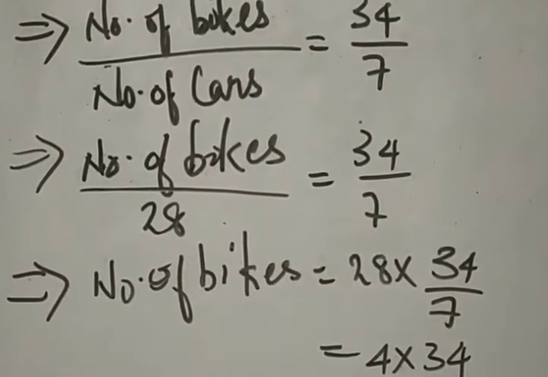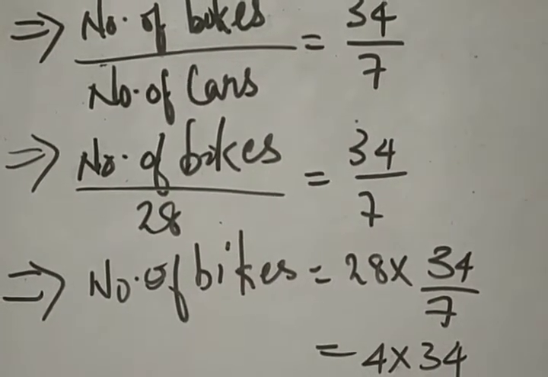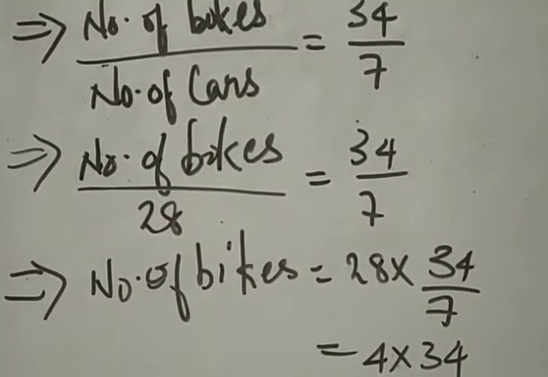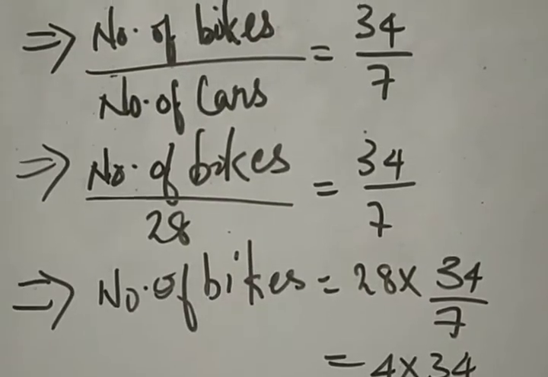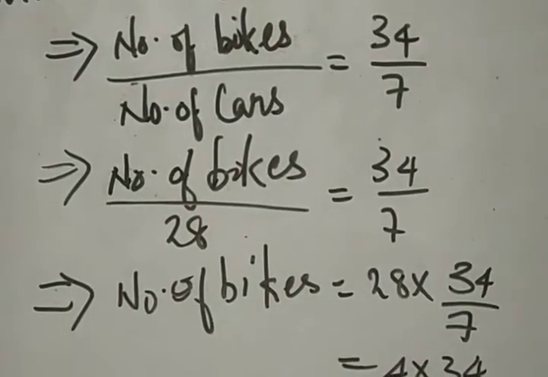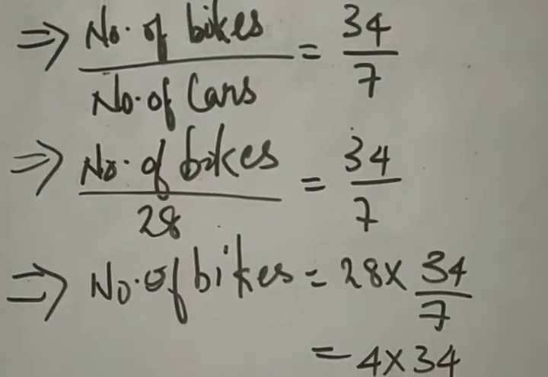So what I am doing is taking the 28 from the left hand side to the right hand side. When we take a number that is being divided on the left hand side to the right hand side, it will become multiplied.